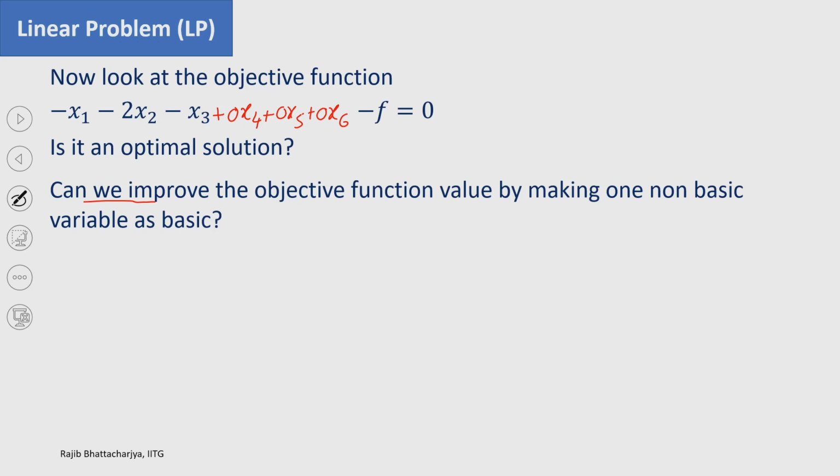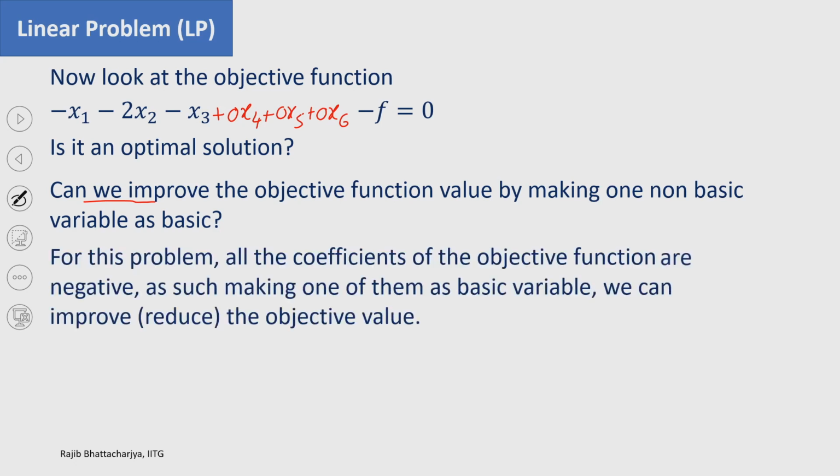Yes, because the coefficients of all of these, x1, x2 and x3, are negative. For this problem all the coefficients of the objective function are negative. So, as such, by making one of them a basic variable we can improve, and in this case, because it is a minimization problem, we can reduce the value of the objective function.